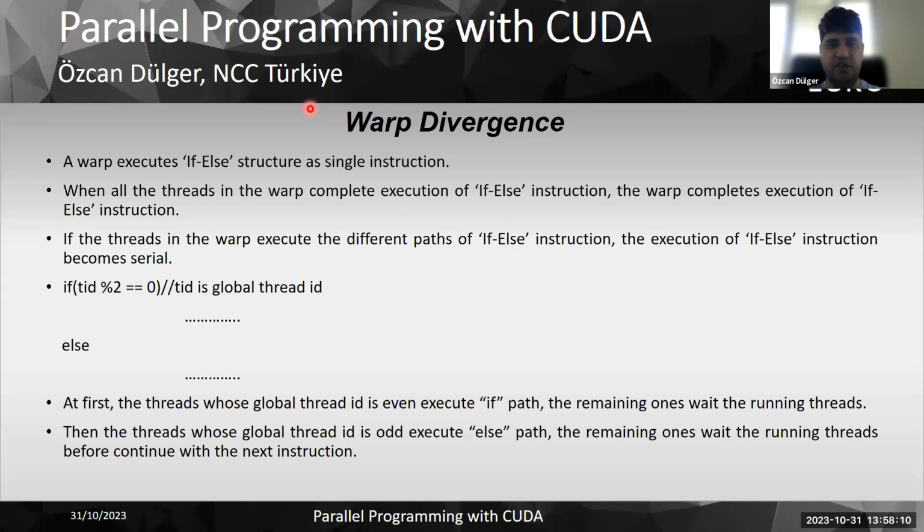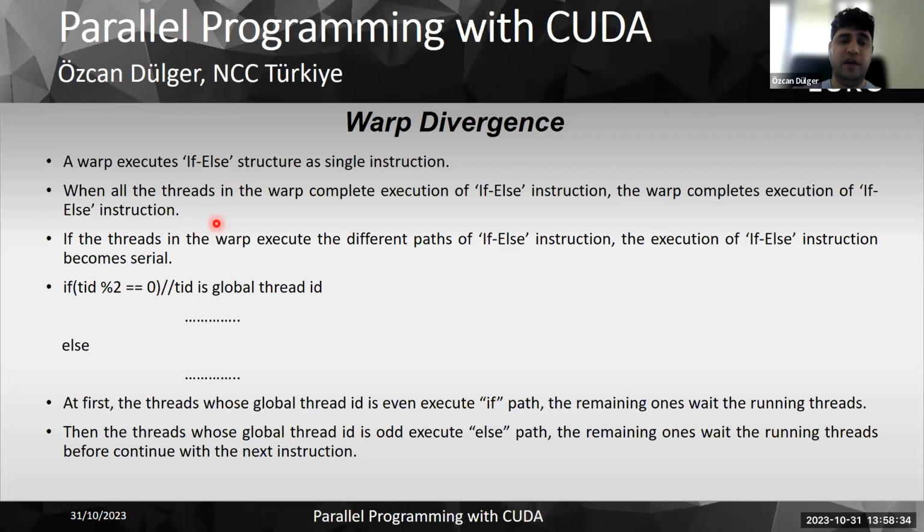The warp divergence. A warp executes if-else structures as a single instruction. So the if-else structure is considered a single instruction for a warp and it executes at the same time.